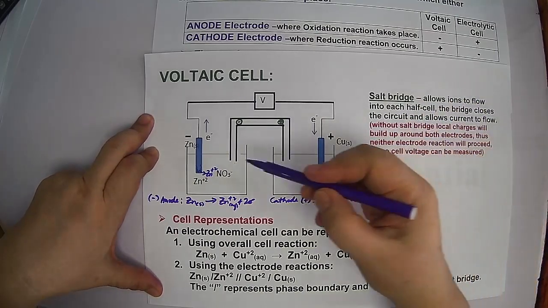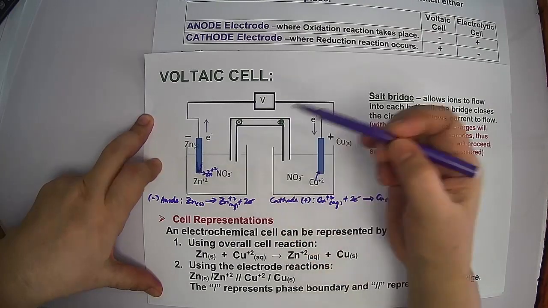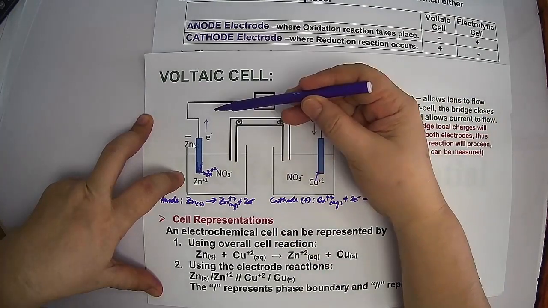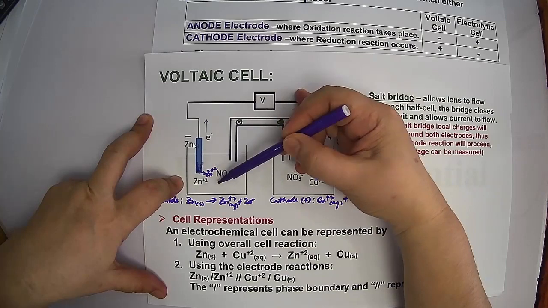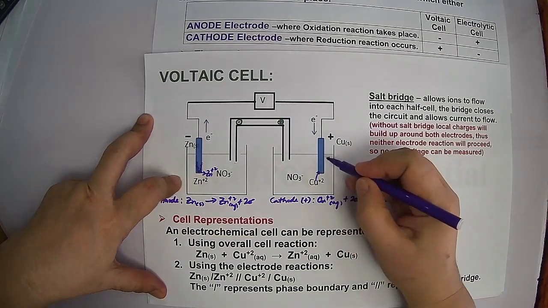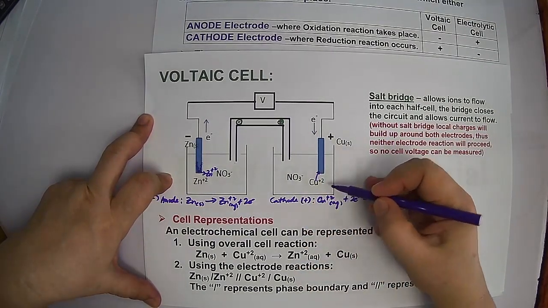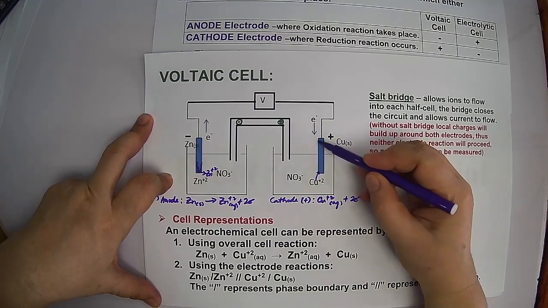Okay, so as this electrode releases electrons, and in effect the cation, positive zinc ion, is produced, the cation from the aqueous solution in the cathode compartment will accept electrons.